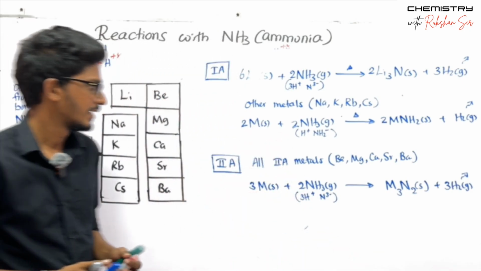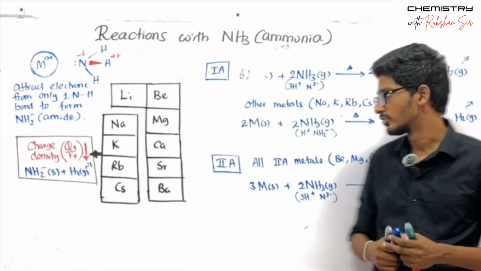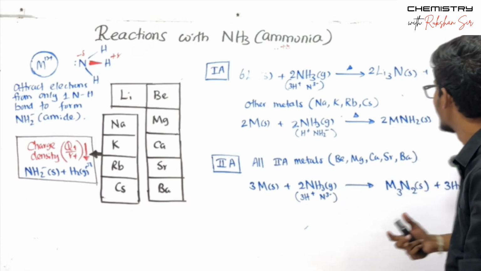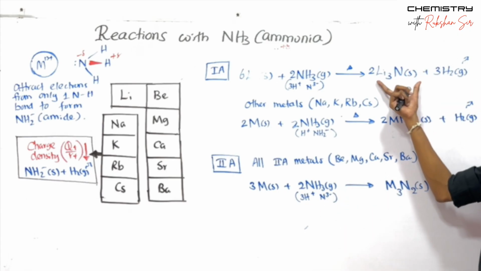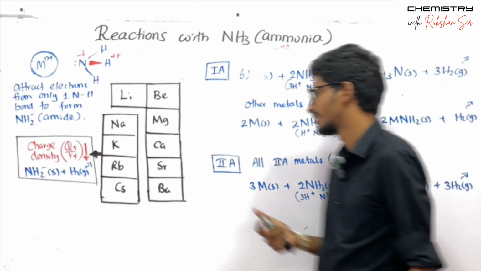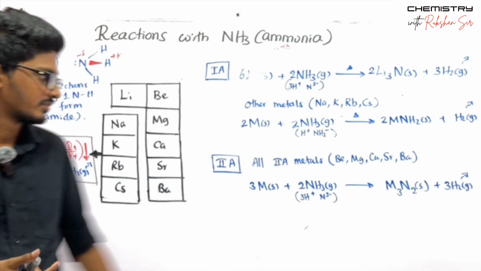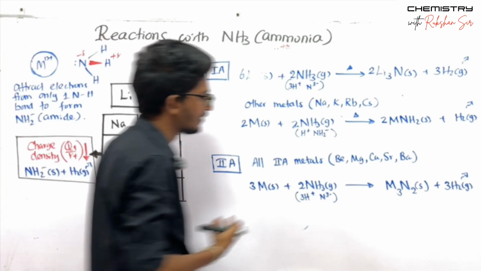Clear? The next thing to grab from here is we need to discuss what will happen if these so produced products, the amides and the nitrides, are supposed to react with water. We have discussed that thing again and again, right?